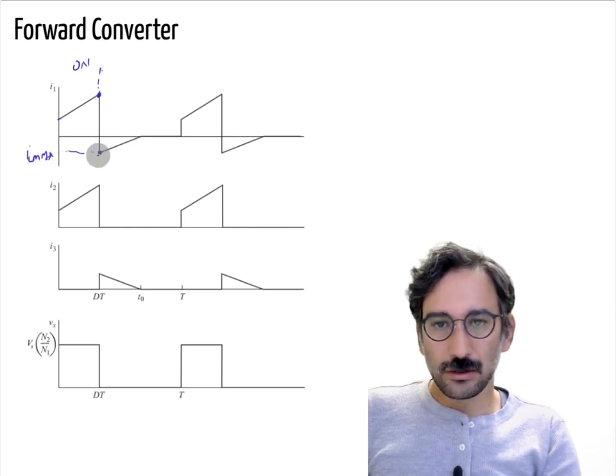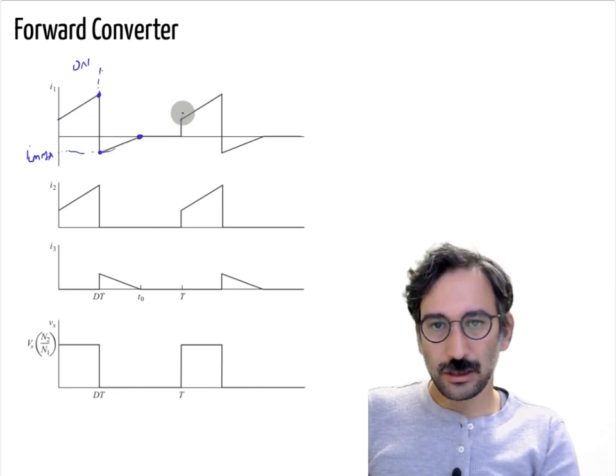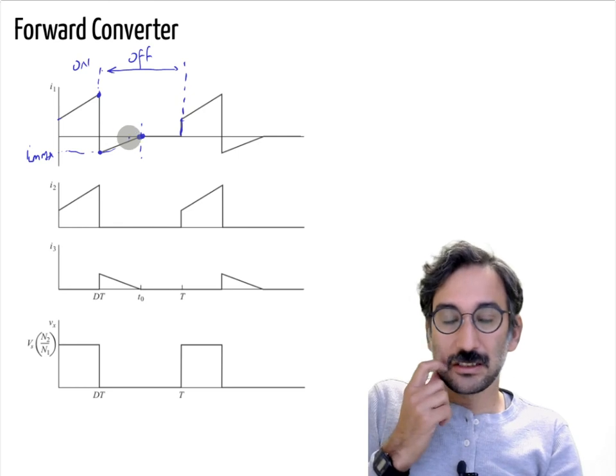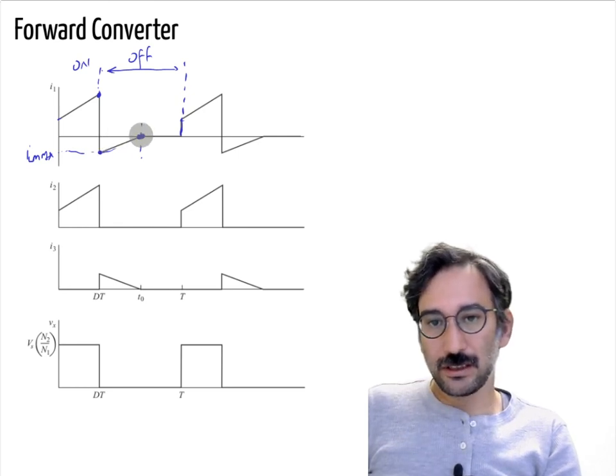Then it just discharges. This is your discharging point, and this is all your off period. So before you fire the next on period, your primary transformer current already reaches 0.